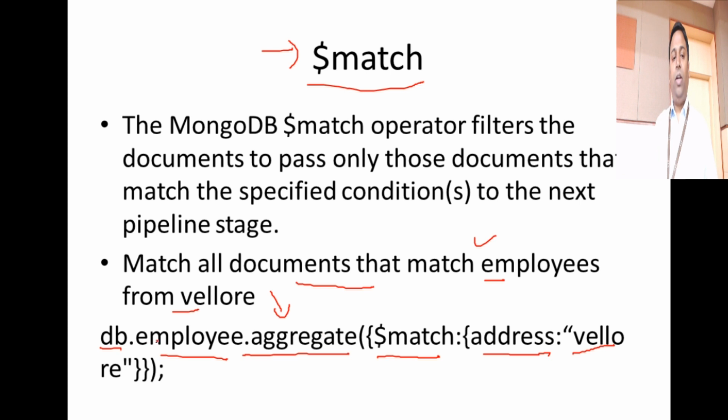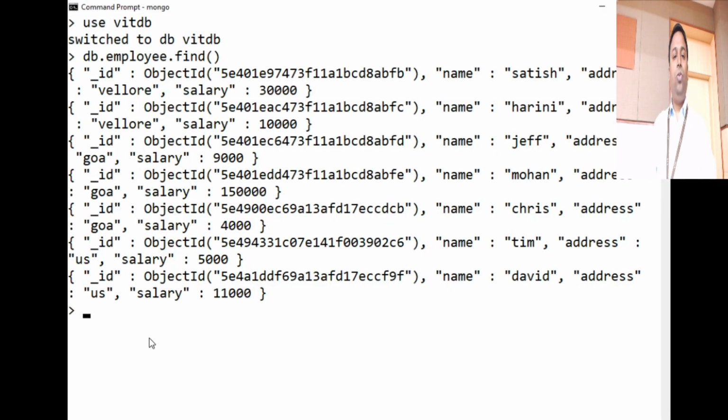So this is one particular stage. It will take the collection, filter the records and move only the records of employees from Vellore to the next stage. That's the idea here. And $match should be used only within the aggregate method. It can't be used in any other methods. Please understand that. So we'll go and see how to use $match here.